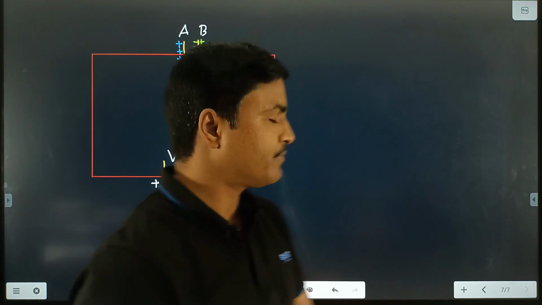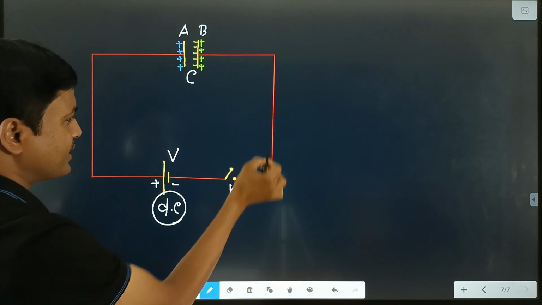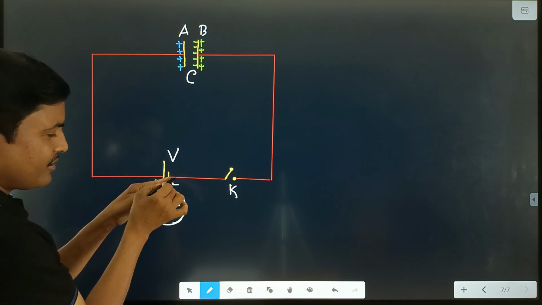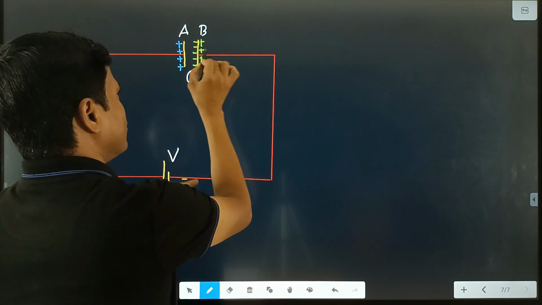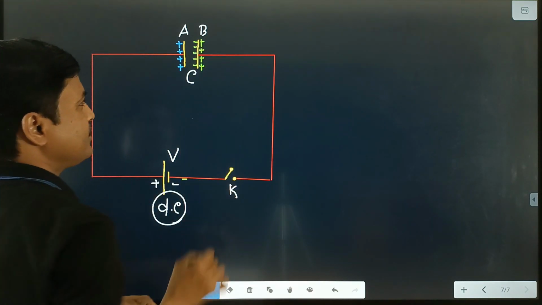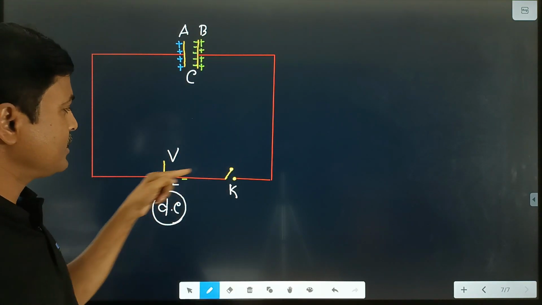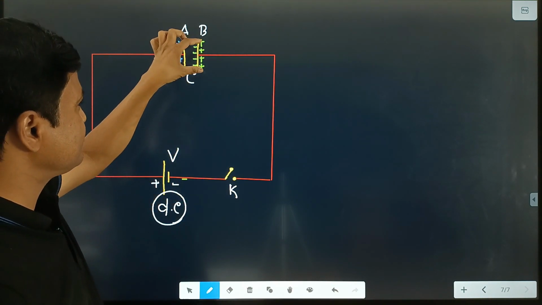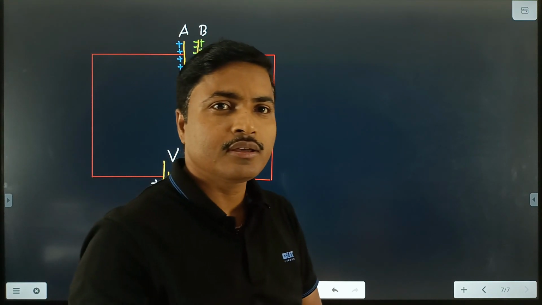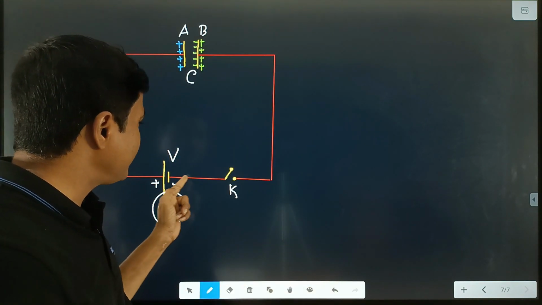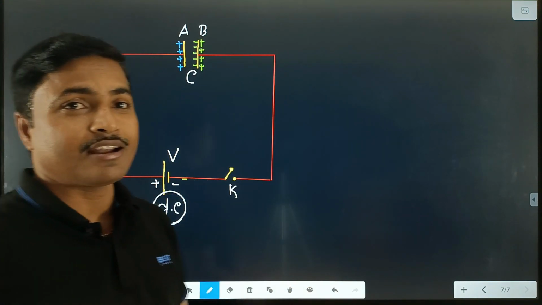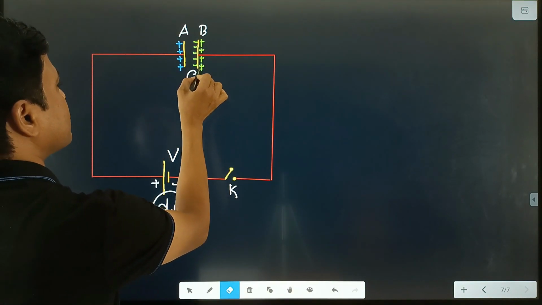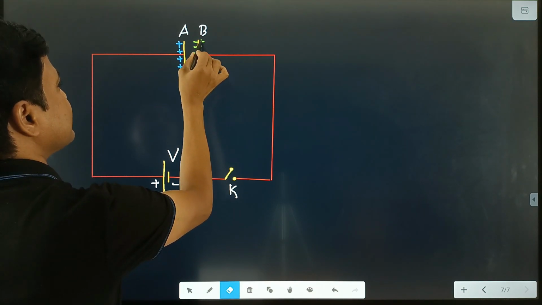And this side is connected to the negative terminal of the battery, so from the negative terminal, electrons start to flow towards plate B, the same number of electrons, and these positive charges combine with these electrons and both are neutralized with each other, so finally here only negative charges are there.